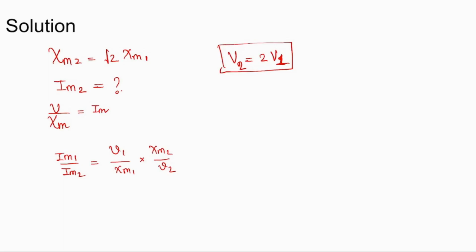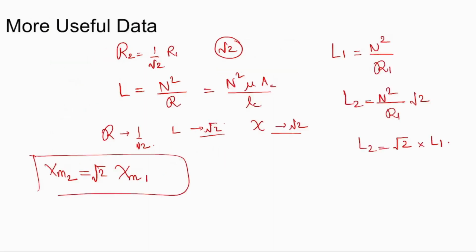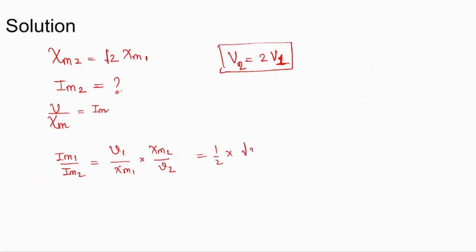You see, V2 is 2 times V1, so V1 by V2 is half. So half into xm2 by xm1, xm2 by xm1 is root 2. So it is 1 by root 2. So Im2 equal to root 2 Im1.